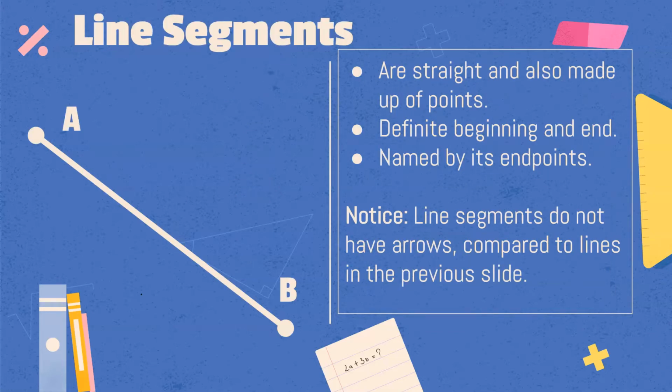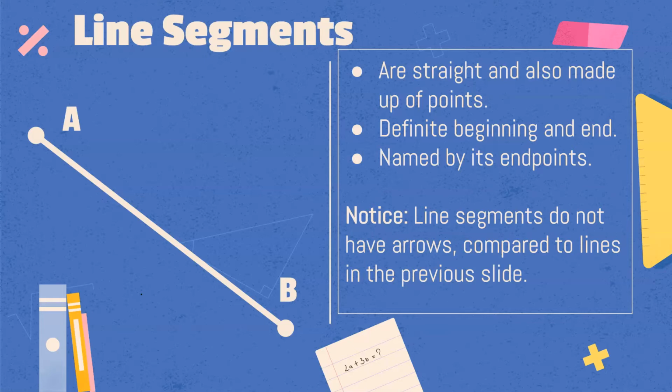So next up we have line segments. And so line segments, just like lines, are straight and also made up of points. However, the difference between a line segment and a line is that a line segment has a specific beginning and an end. And so this beginning and end is marked by a point.